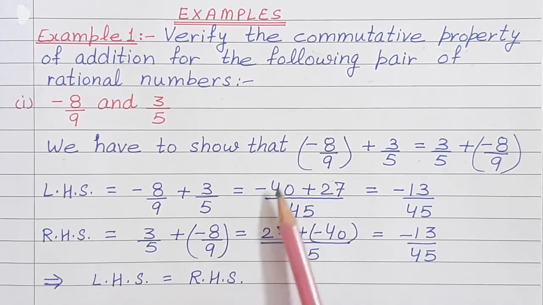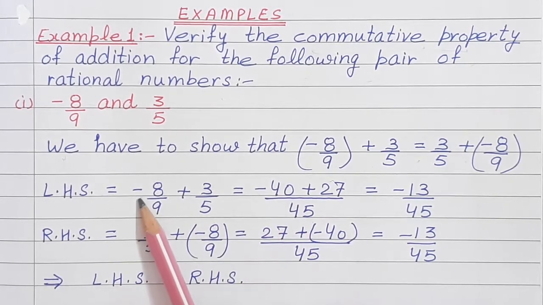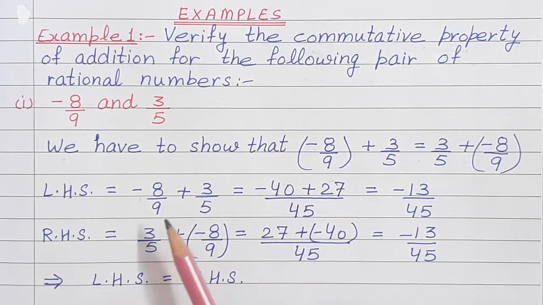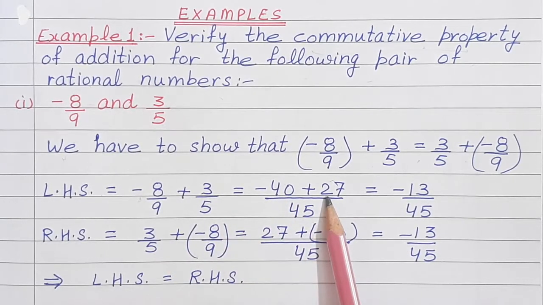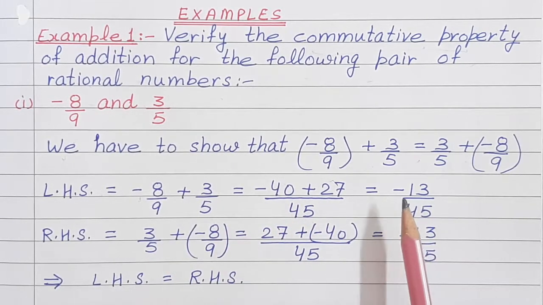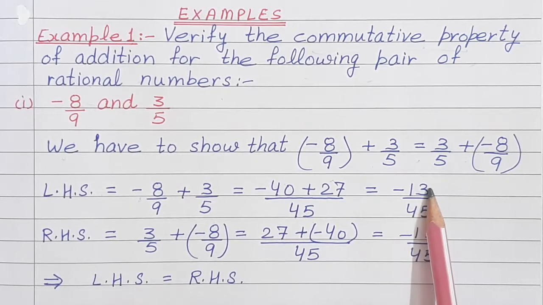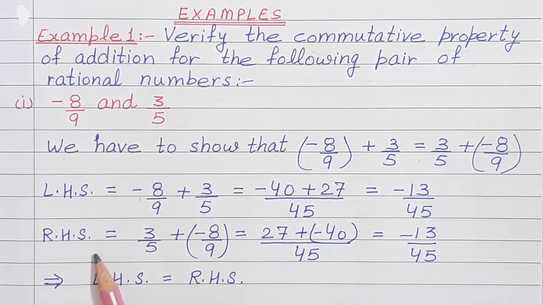So 8 fives are 40. Now here since it is minus, so minus 40. The 9 threes are 27. So the answer is minus 13 upon 45. Clear? Now let us solve the right hand side.